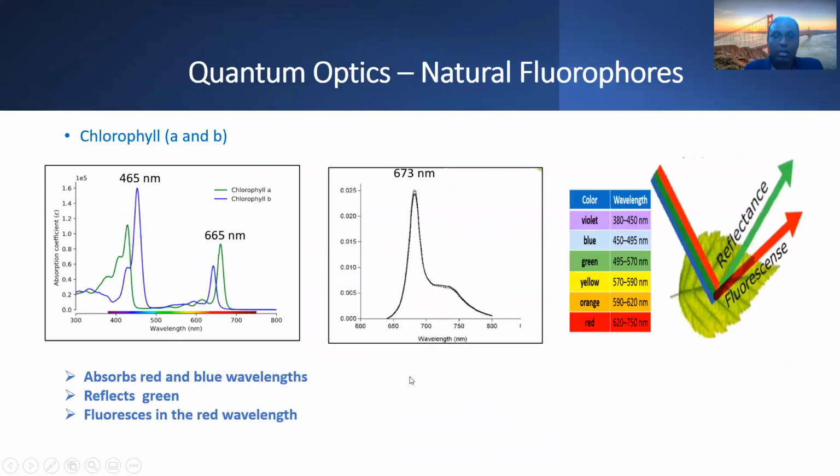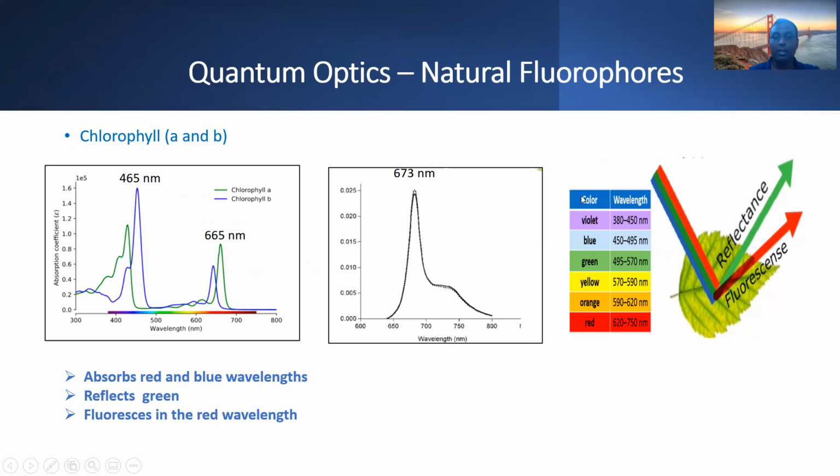Right. Let's look into the natural fluorophores, these two, chlorophyll A and B here. Chlorophyll A, which is shown in the green color, is at 665 nanometers, and chlorophyll B is given in the blue color, which is 565 nanometers.